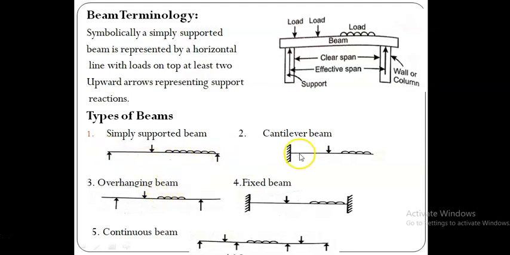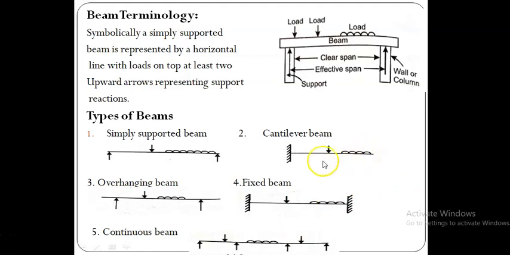Yes. Next, cantilever beam. A cantilever beam has a support called a fixed support at one end, and the other end is free. It is free means it is not supported using any supports.